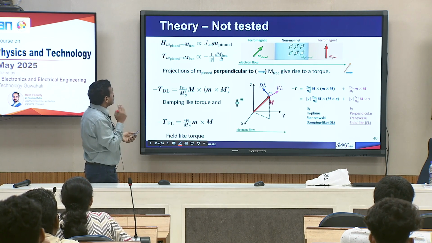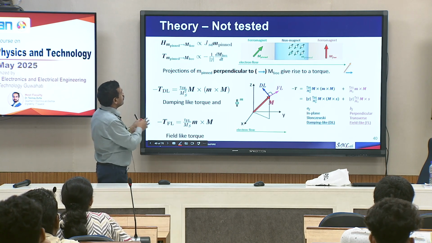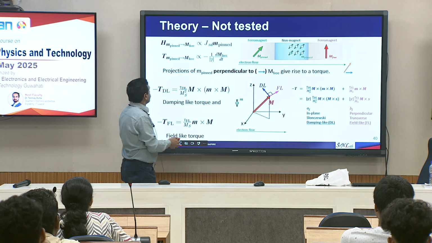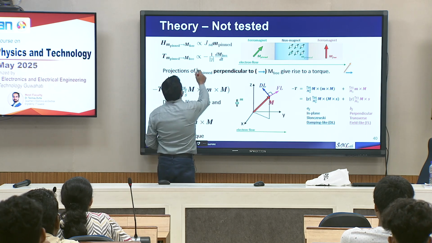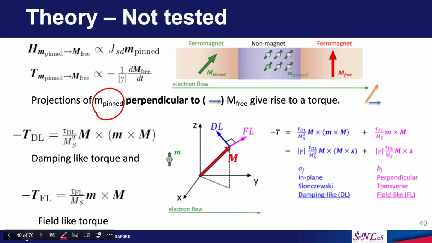The most important concept that you should remember here is that the projection of this particular M perpendicular to the free layer is the one that gives rise to the torque. Let us say this is your M pin. It can be resolved into two components, right? One is the blue and another one is along this one.